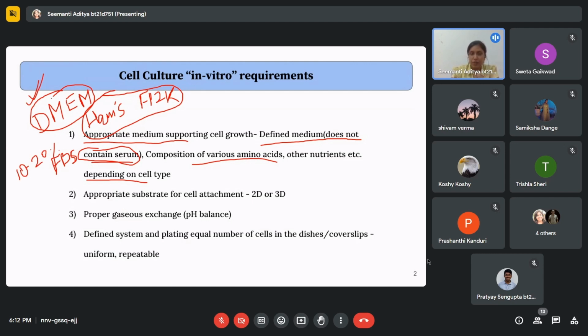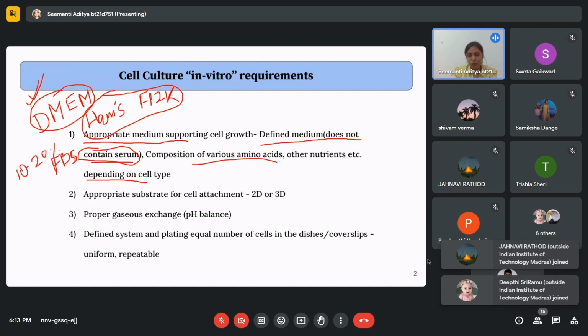So DMEM is the media composition that we generally use, and to that DMEM we need to add 10% or 20% of FBS. For example, if we are using 1000 ml of media, in that 1000 ml we need to use only 100 ml of FBS and 900 ml of DMEM, to get the proper percentage of FBS in the media. When we are using this kind of composition, we have to inactivate the FBS.